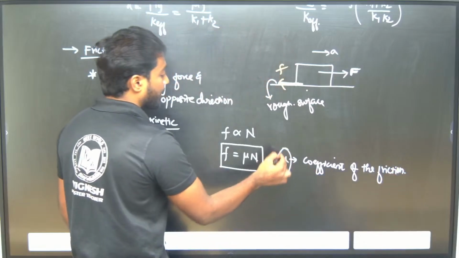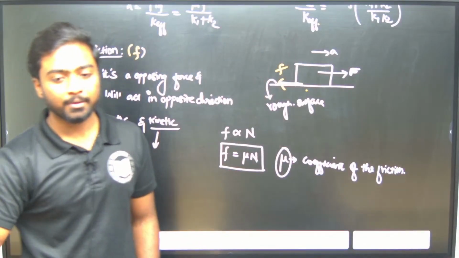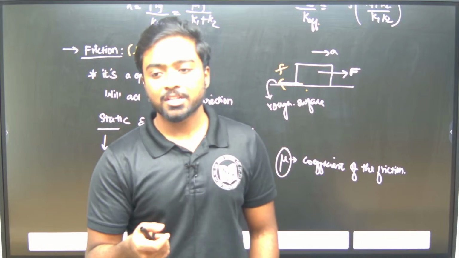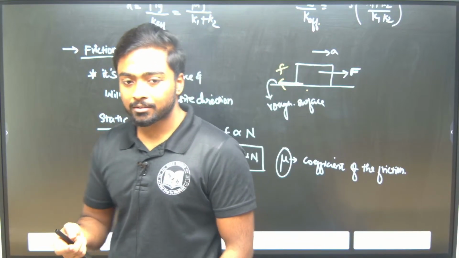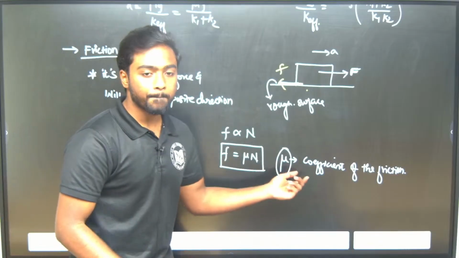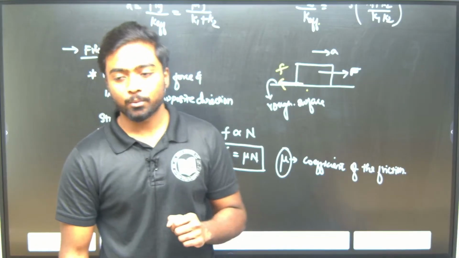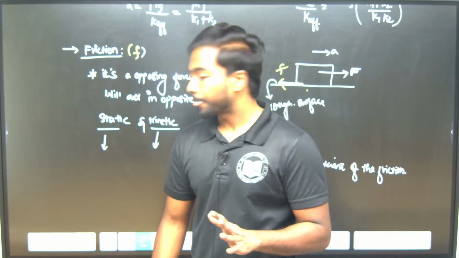This mu depends upon the surface, and they will mention the value if a problem is given, or else we need to find the value of mu. This is the kind of question they will ask in the examination, right.